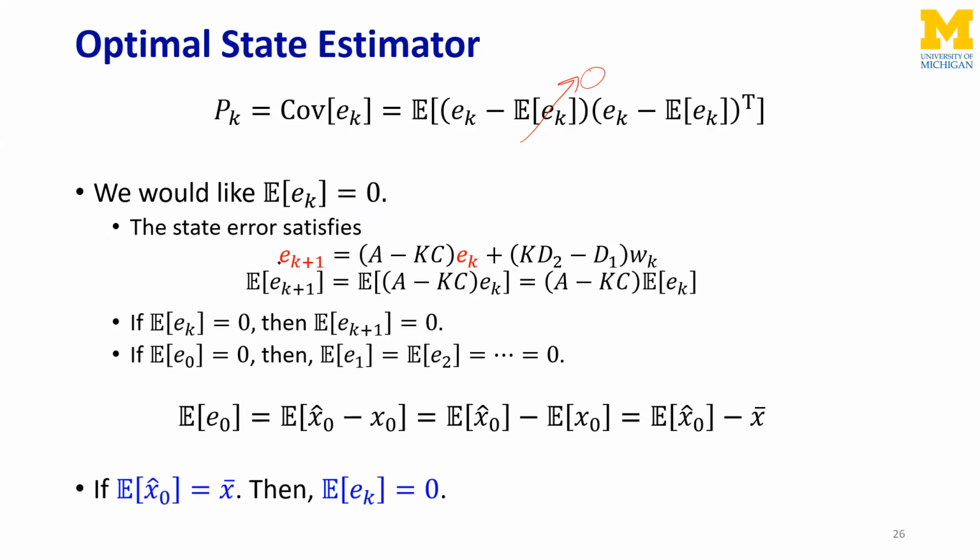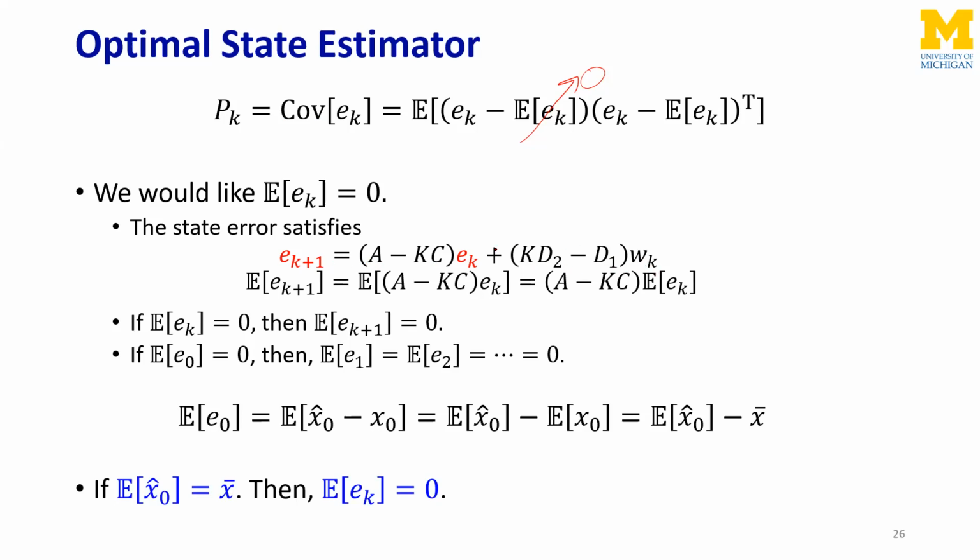So we saw that the state error satisfies this equation. We saw this earlier in the simple case that I showed you a few slides back, and you can also check this. It takes 2 minutes. Once you have this error dynamics equation, we can take the expected value of the whole thing. The expected value of ek plus 1 is going to be the expected value of the first term plus the second term.